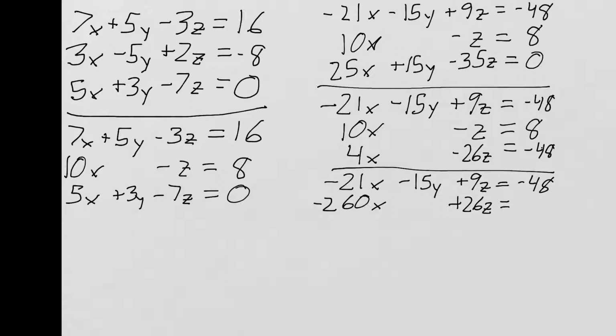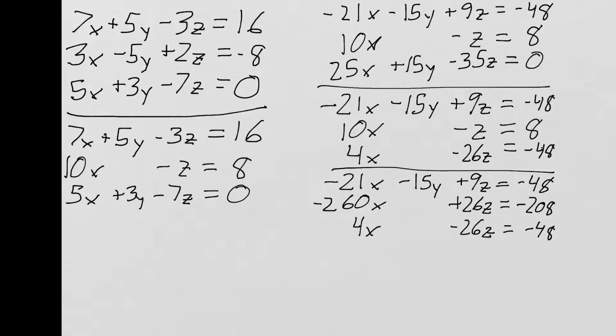It's going to be -208. And then down here I have 4x minus 26z is equal to -48. So now I'm going to add those last 2 equations together.